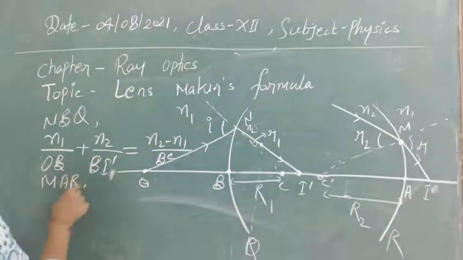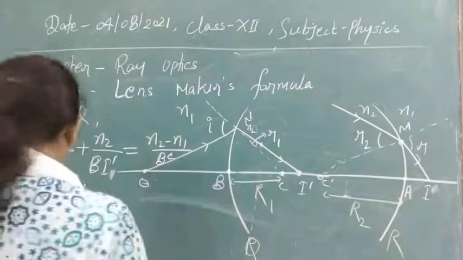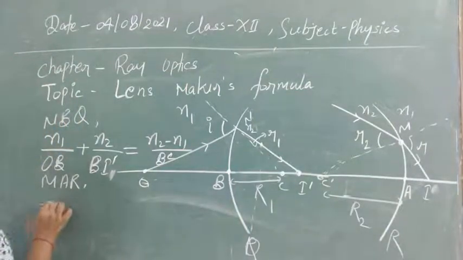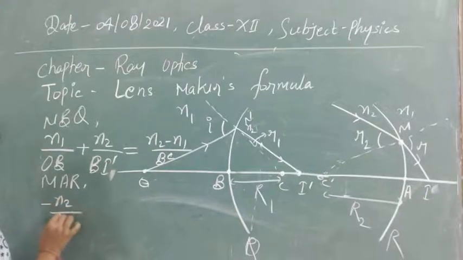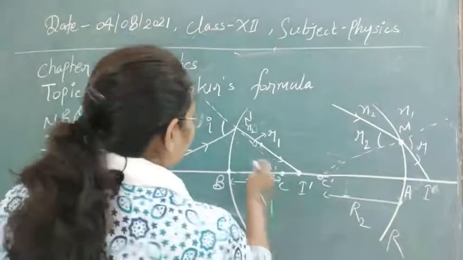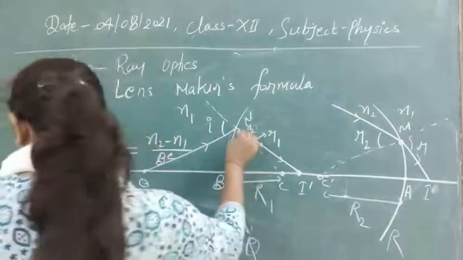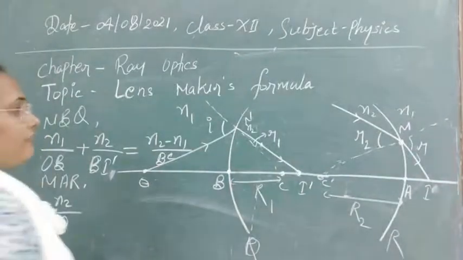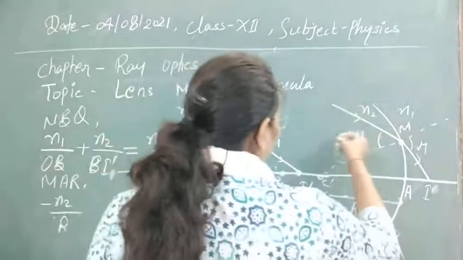On this spherical surface, if we write the same formula, this is minus N2 upon the object distance.